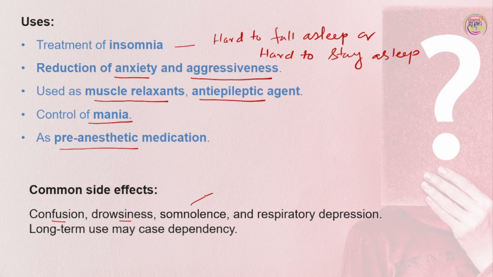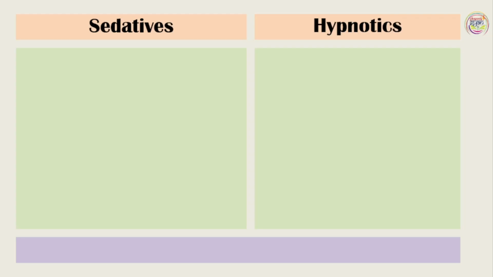This is the sleepiness or drowsiness state. Of course, as these drugs are used as sedative and hypnotic, they produce drowsiness. They may cause respiratory depression in large doses, and long-term use may cause dependency.